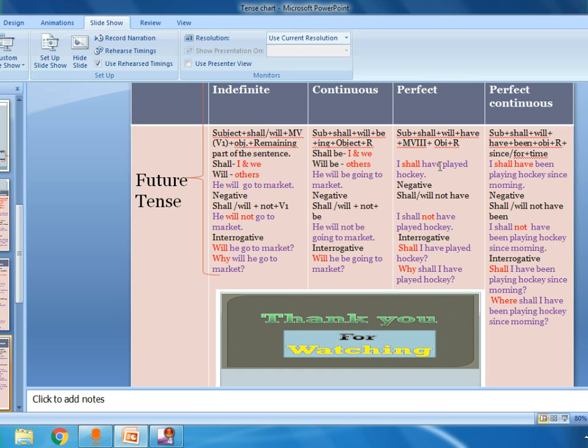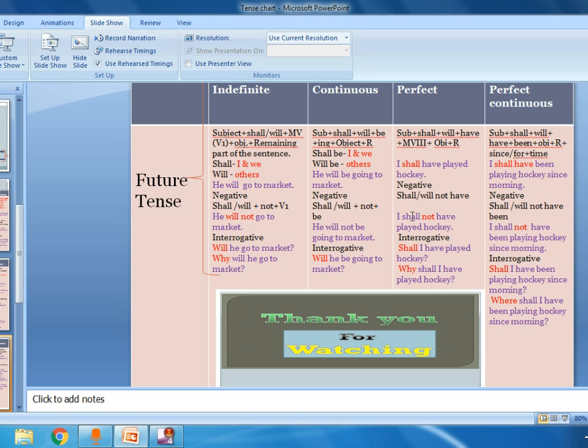Future perfect. I shall have played hockey. Here the two verbs are shall have and will have. I shall have played. Shall have shows that the sentence is future perfect. And to make negative we use not just after shall and will. I shall not have played hockey.